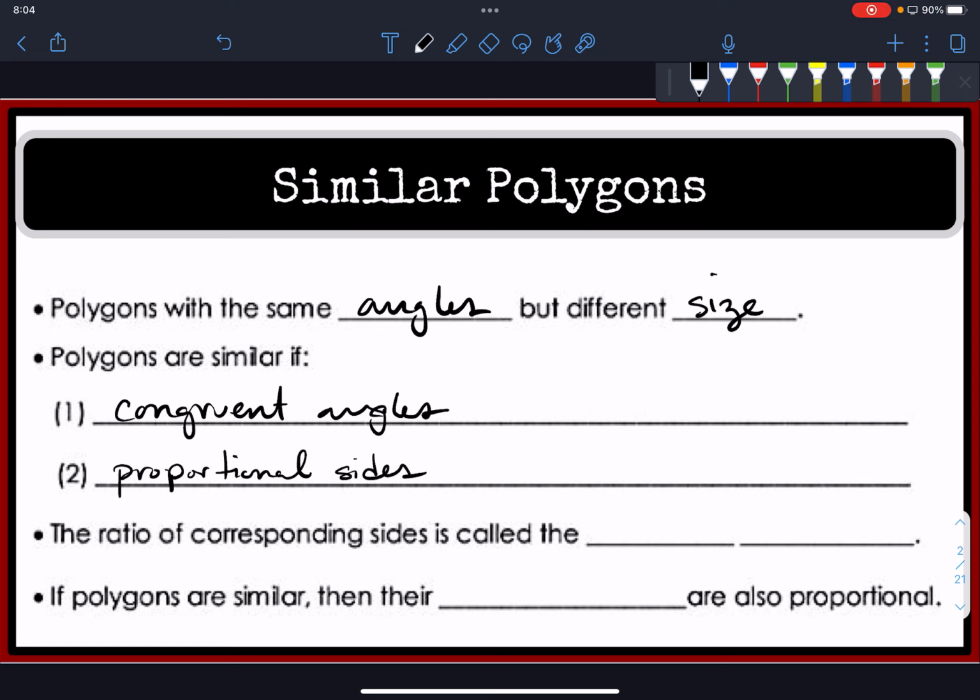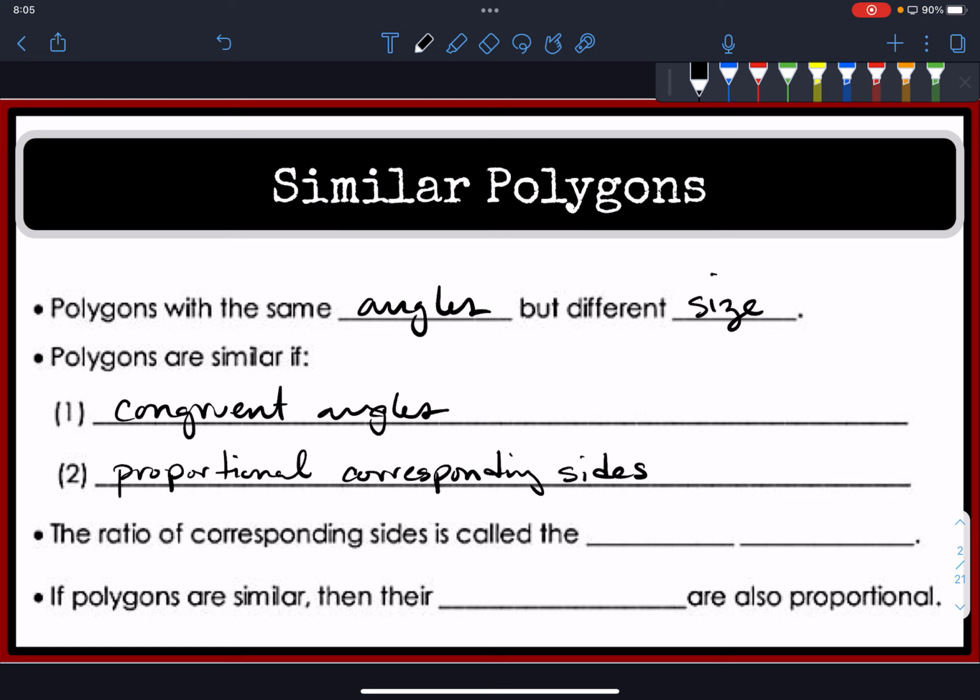So I should be a little bit more specific here and indicate that there has to be proportional corresponding sides. So if we're looking at a rectangle, the length of two rectangles, that all the angles are the same, the length has to be proportional to the length of the smaller rectangle, and the width has to be proportional to the width of the smaller rectangle.